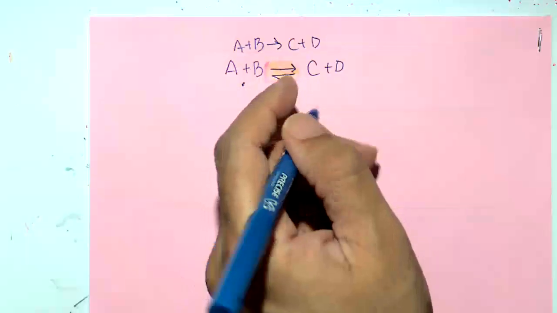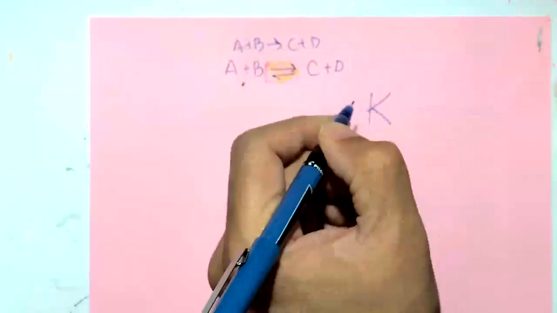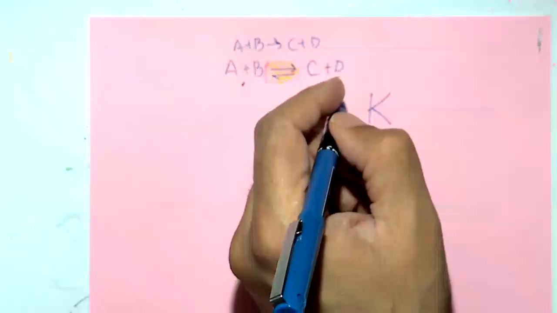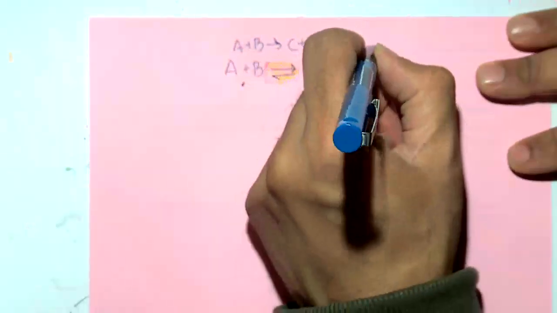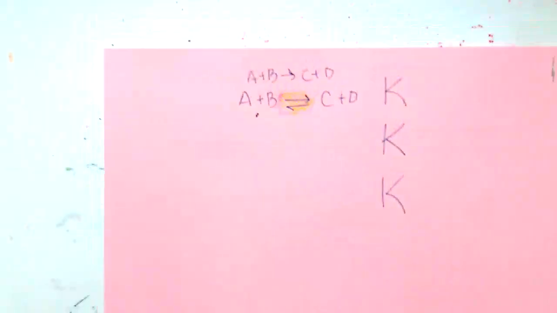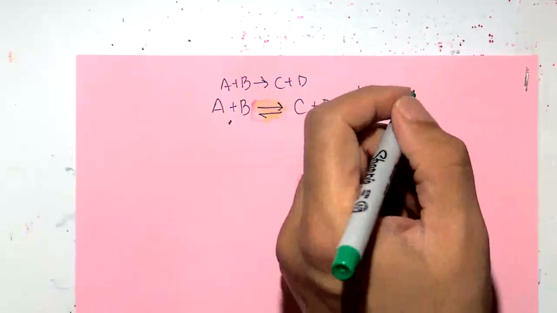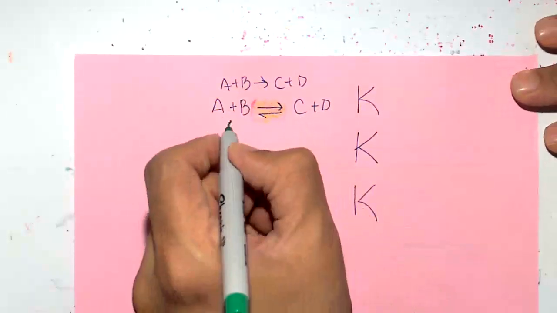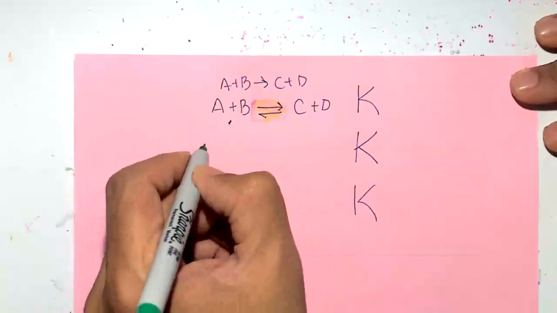Now how much is left over is based upon K. This is capital K, the equilibrium constant. Is it the rate constant? No, it's the equilibrium constant. This equilibrium constant is equal to products over reactants, except we don't put solids and we don't put liquids.